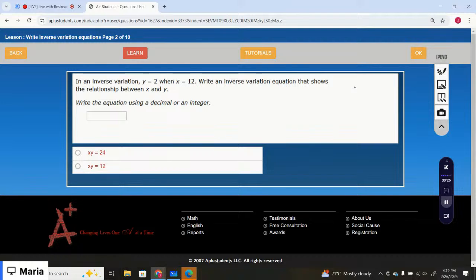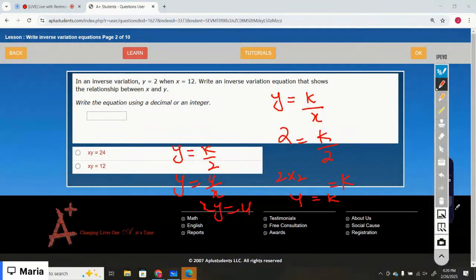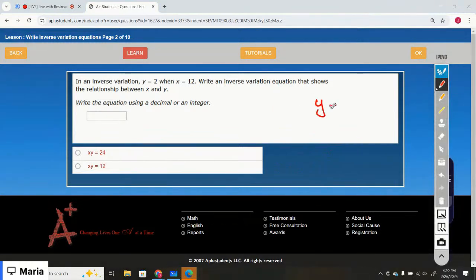And then, in an inverse variation, y equals 2 and x equals 12. Write an inverse variation equation that shows the relationship between x and y. So the equation is y equals k divided by x.